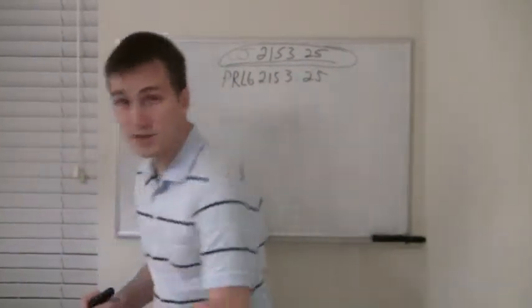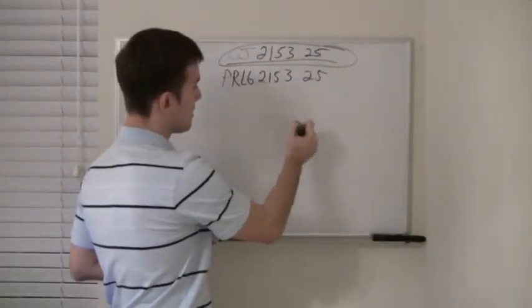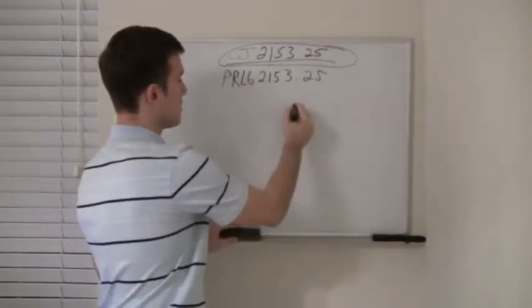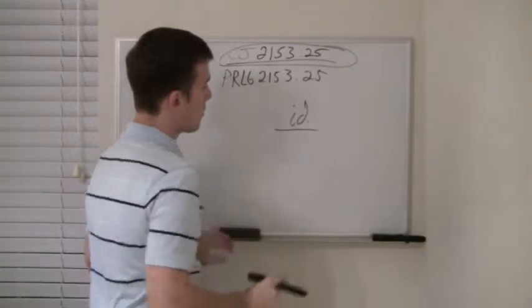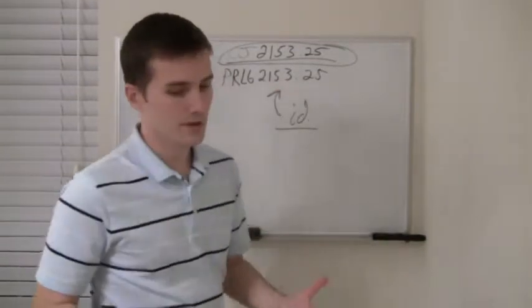Everyone might notice in their syllabus, occasionally you'll see id. Let's try to get this thing to write. Id. And this is a citation form. It basically means look at the last citation.